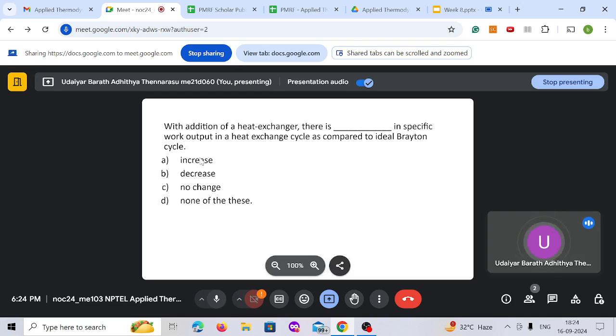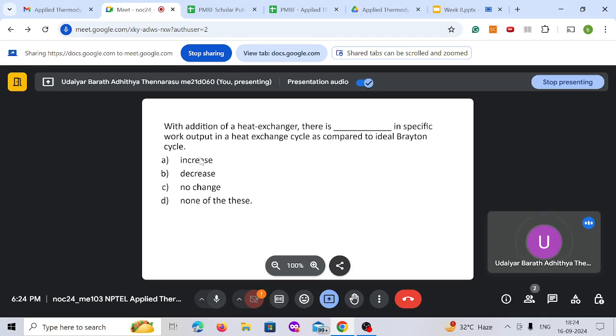If you are sending it at a higher temperature, it's well and good. You require very less amount of fuel to increase the temperature of the fluid or air before sending it to expansion. So you are utilizing part of the energy which is going out as waste, and you are recovering that.